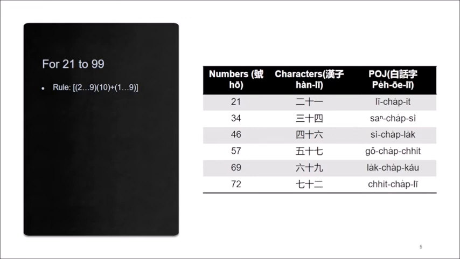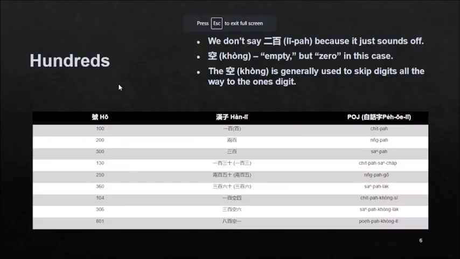So moving on. Here we have the numbers, the hundreds. As you can see, we have a note here relating to what I have mentioned a while ago in slide 2. We don't say di pa because it just sounds off and does not follow the rule.